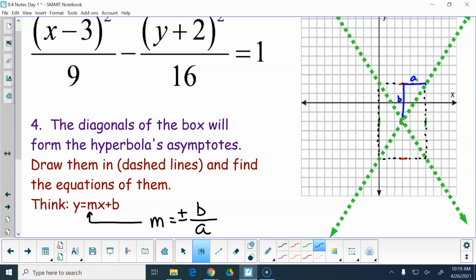Or we went up b and we ran a in the other direction. Okay? So that's why it's always going to be one positive b over a, one negative b over a. And they both go through the center, h comma k.